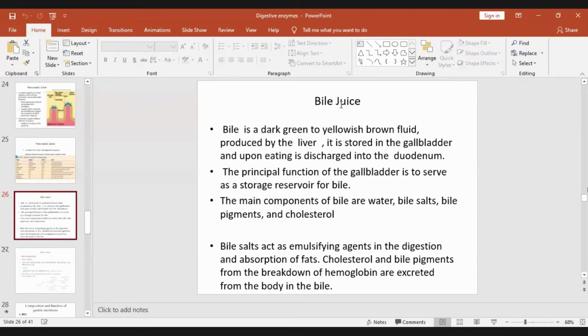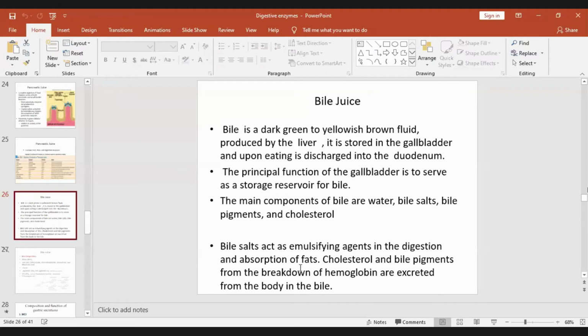The components of bile juice are water, bile salts, bile pigments, and cholesterol. The excretory route for cholesterol is through the formation of bile salts. Bile salts act as emulsifying agents in the digestion and absorption of fat.